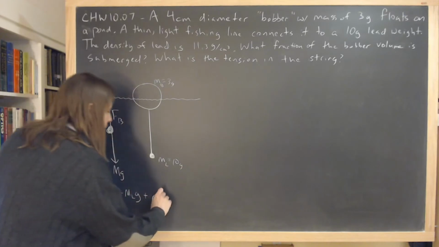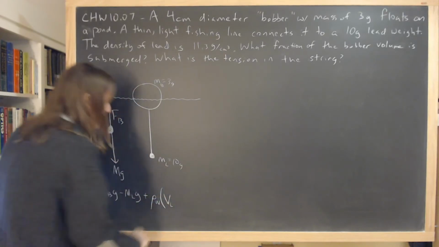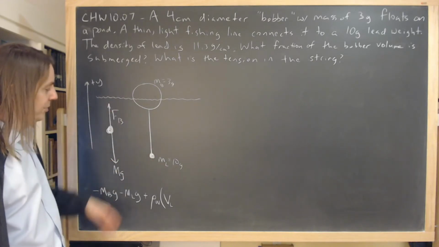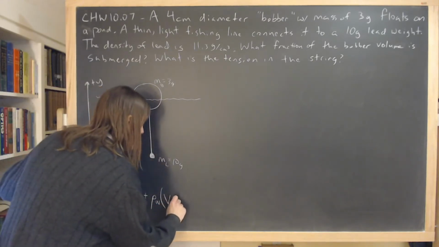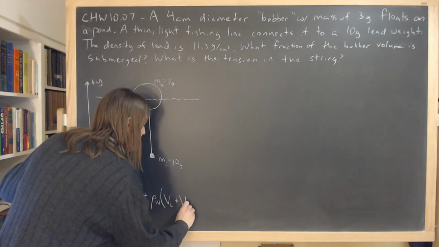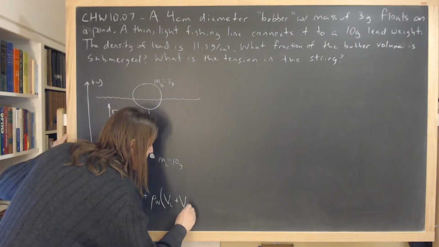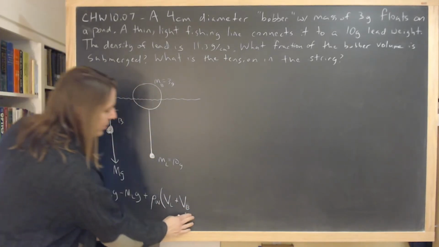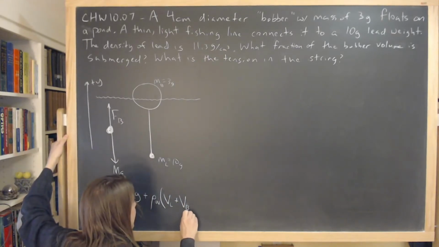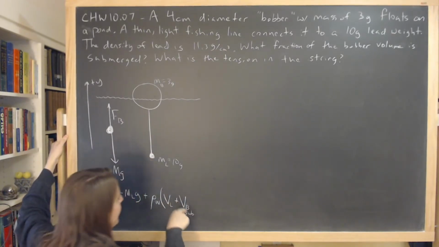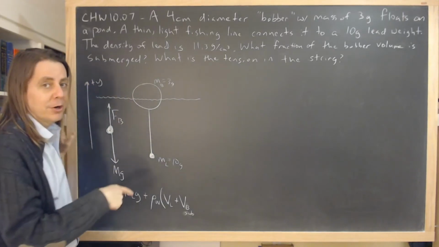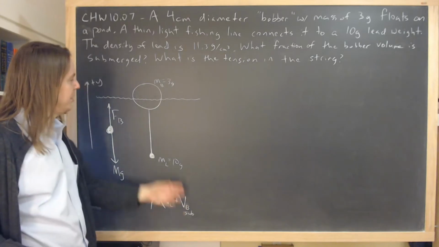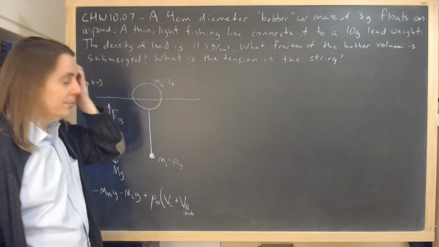We have the volume of the lead weight, and it's the total volume of the total lead weight because it's completely submerged, plus the volume of the bobber, and I'm going to do a double subscript on you here, V sub B, sub S-U-B. The volume of the bobber that is submerged. Not the full volume of the bobber submerged, because what we're looking for is the fraction of its volume submerged.